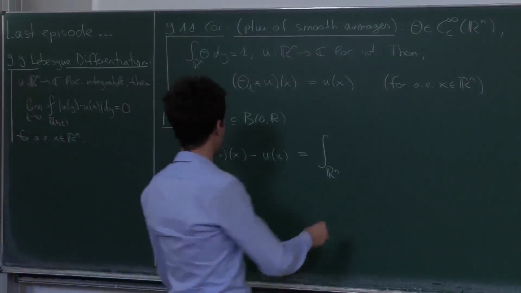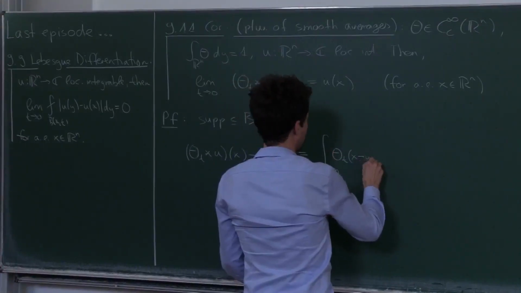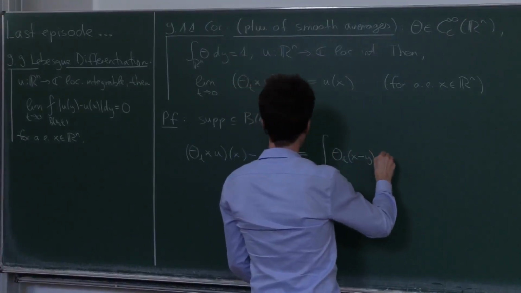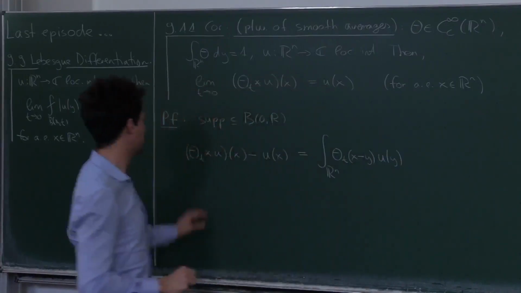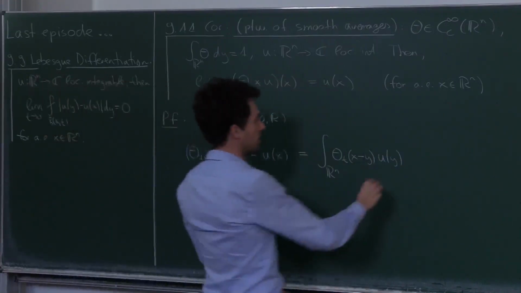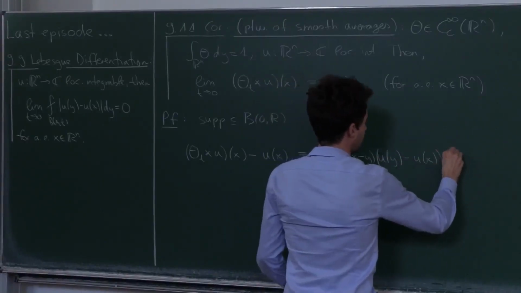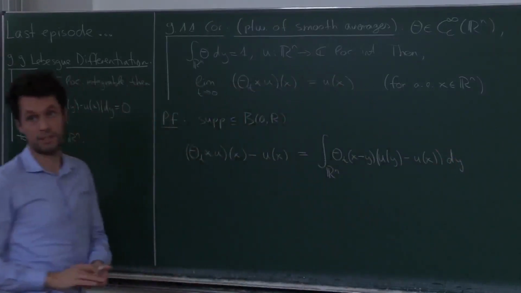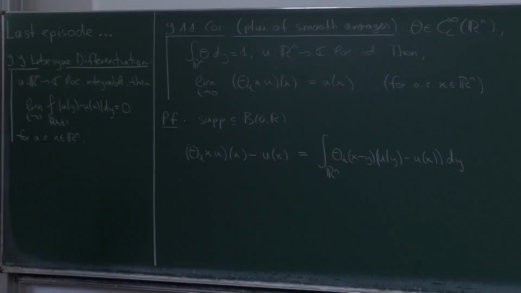And I'm going to use that in order to write the differences of these two things as theta t of x minus y applied to u of y. This was just writing out the convolution, but then I can subtract off u of x inside the integral. And this is where I'm using that this is an averaging operator because the integral is 1.